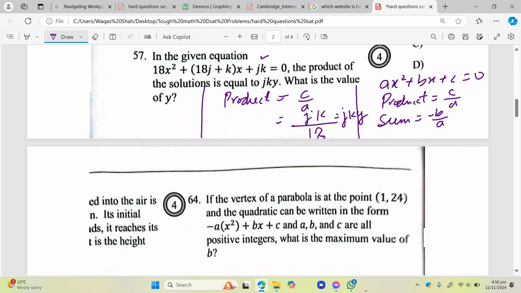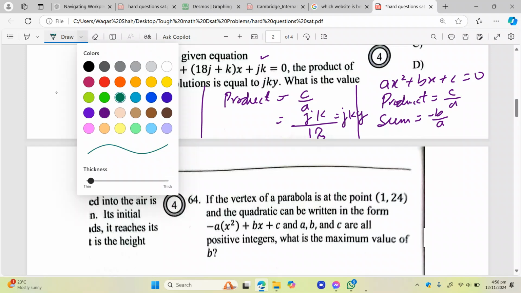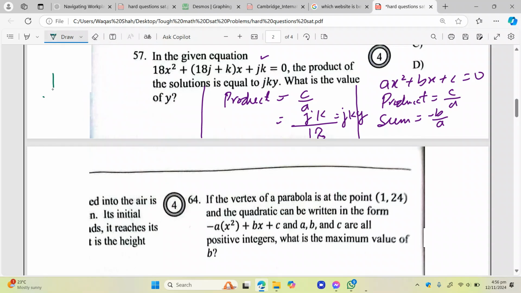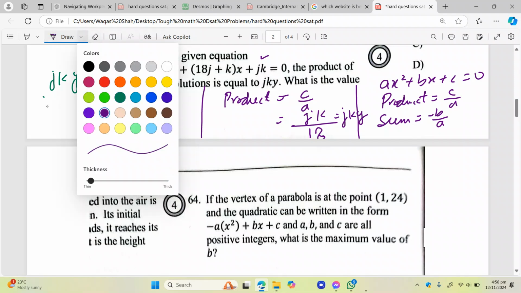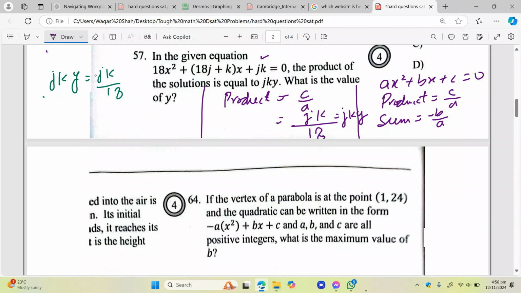And now we can compare this: jky is equal to jk divided by 18. You can see this, that if you cancel out jk with jk, you will get y is equal to 1 over 18. So this is the answer.